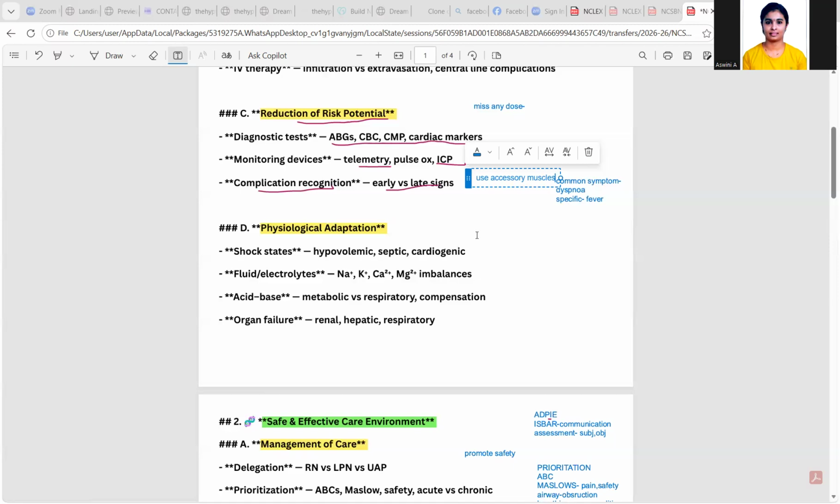For example, we know the compensatory mechanism of ABG: if it is a respiratory acidosis, the body will sometimes compensate with metabolic alkalosis, and if it is a metabolic acidosis, respiratory alkalosis may happen as the compensatory mechanism. That means compensation is always with the opposite one.